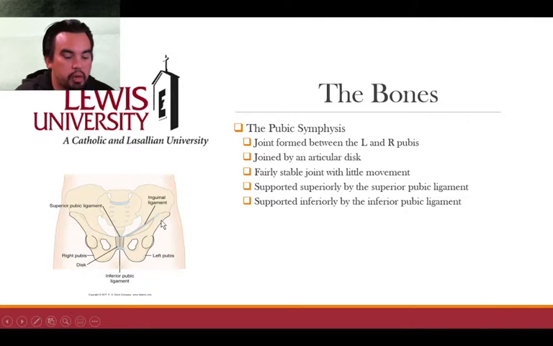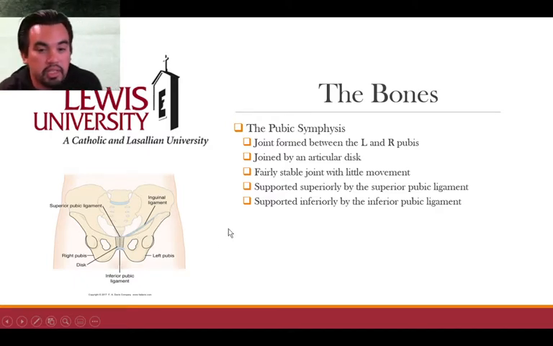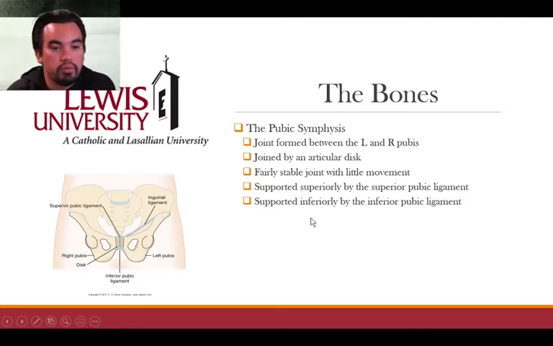And you can actually palpate that. We can try and maybe do that in class if you want, but we'll see how that goes. It's not really important for us to know. That is where typically you would get a sports hernia, actually, though. So if you do get into PT or anything like that, that is actually what you would be palpating there to see if that is supported or if that is dysfunctional.